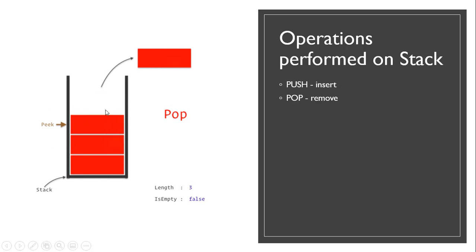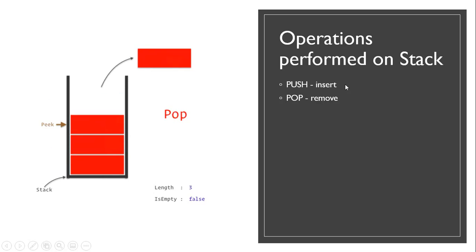You can see here in this GIF image. While you are inserting elements into a stack, you are pushing those elements into a stack, or into a memory. And while removing those elements from a stack, it is called a pop. Okay, so these are called operations of a stack.